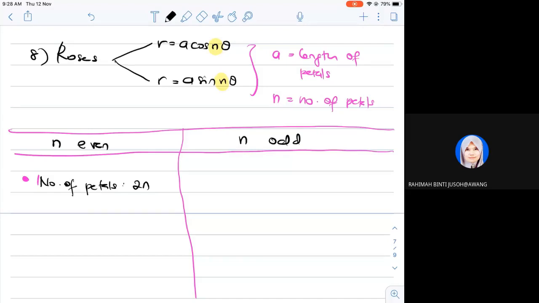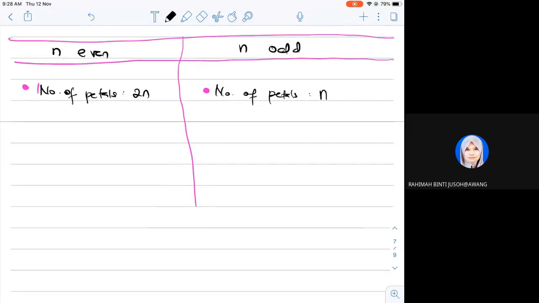If n is odd, the number of petals should be n only. No need for you to multiply by 2.